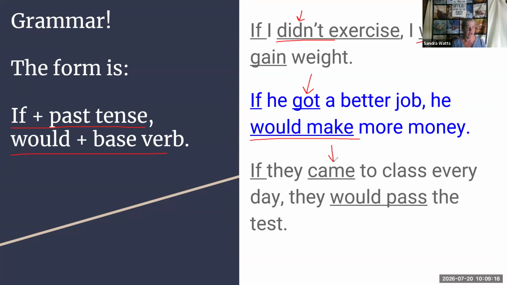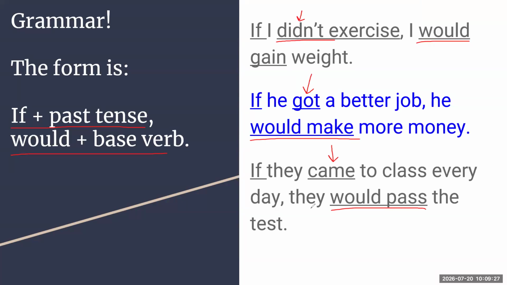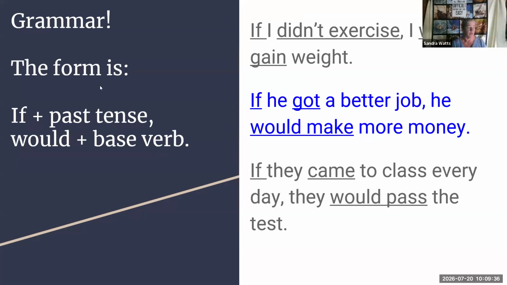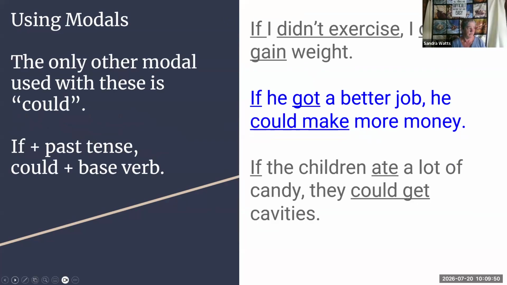If they came to class every day, they would pass the test. Nice way for you to practice your past tense verbs too. All right, so that's your grammar rule. Like I said, the ones we did last week were present and will. This is past and would. Other than that, the meaning and other things are the same.